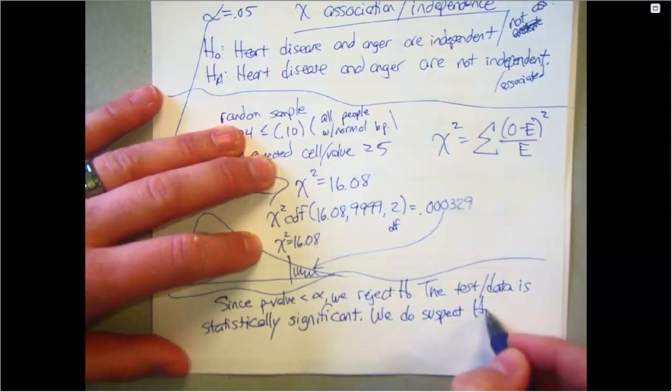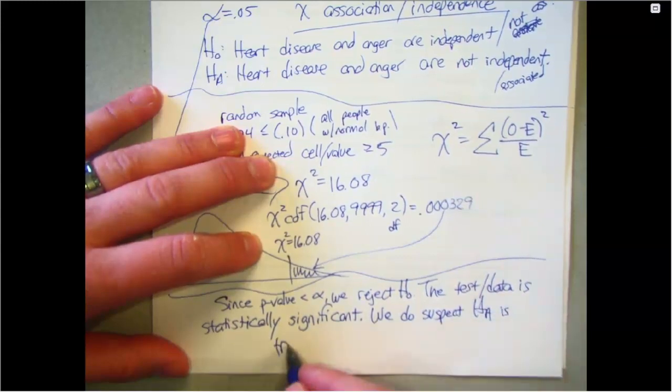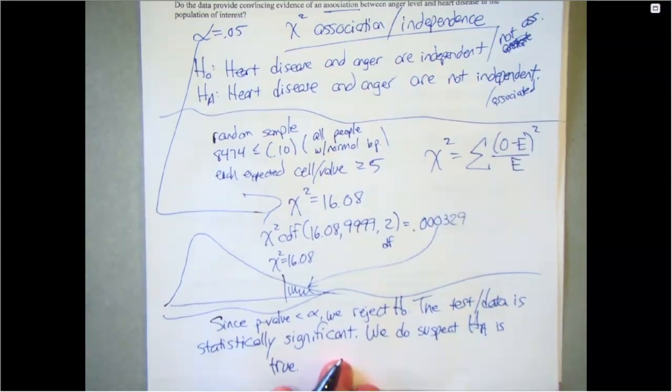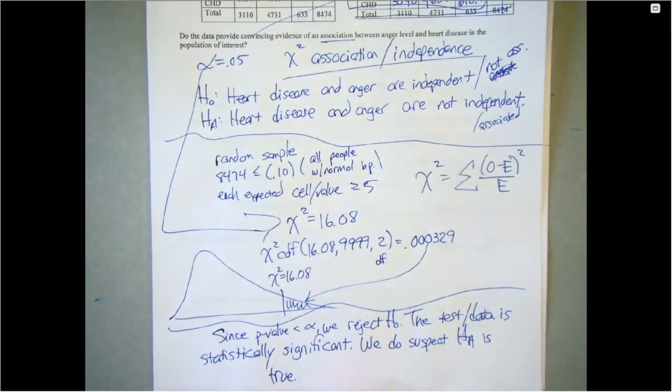We do suspect HA is true. So we do think there's a relationship between how angry you get and your heart disease. So 6 hours last year probably just gave me tons of coronary.